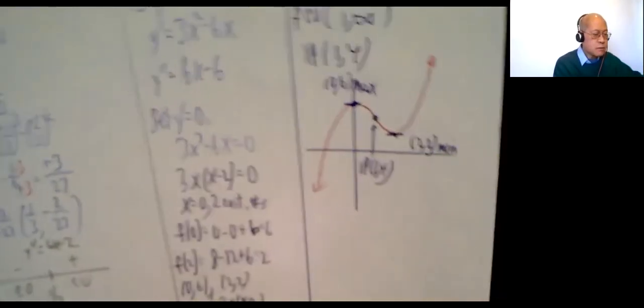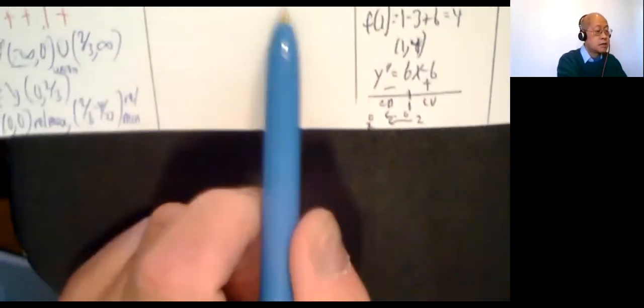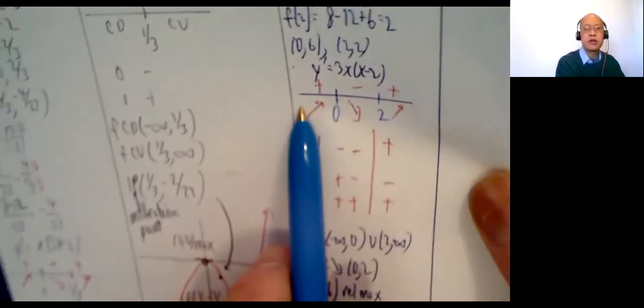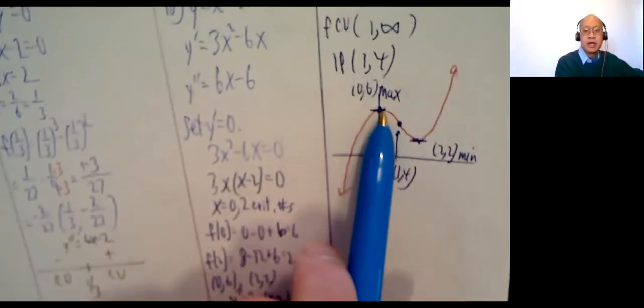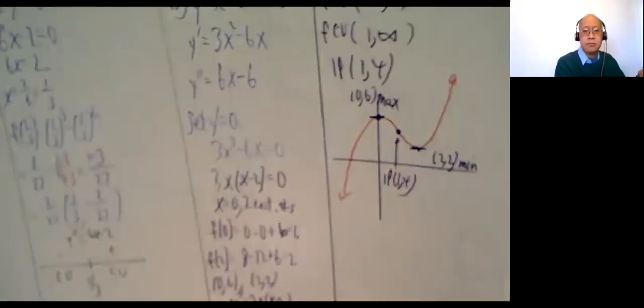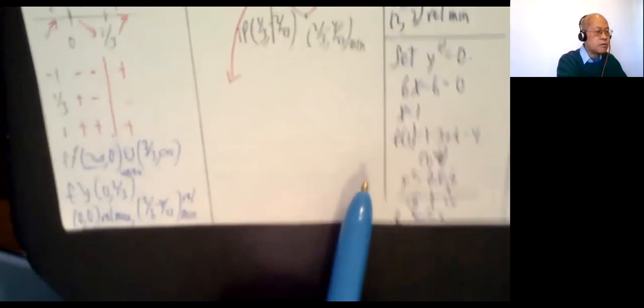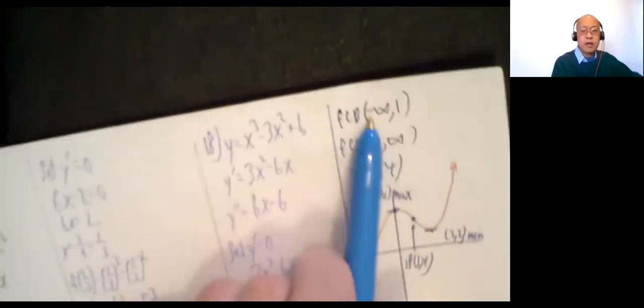So here's the entire graph. Okay, so we said this is a max, this is a min. The first derivative analysis went increasing, decreasing, increasing. So increasing up to the max, decreasing down to the min, increasing after that. Okay, concave down from negative infinity to 1.